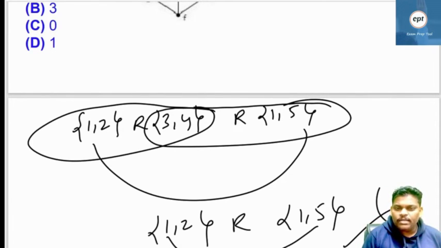So transitivity may not be satisfied. Reflexivity cannot be satisfied, but symmetry will be satisfied. Transitivity will not be satisfied. Are you getting it?